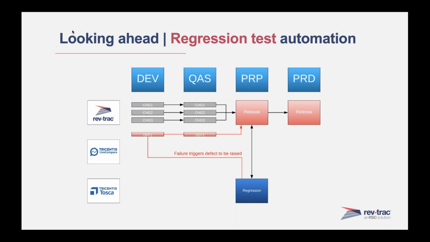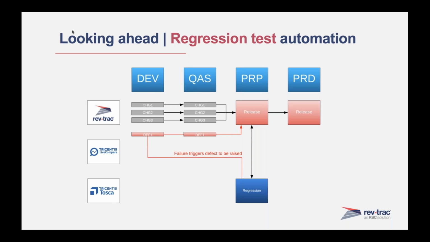So in the same way as you have multiple transports in a single Rev-Trac request, you would then have multiple Rev-Trac requests in a single release, and the release then deploys as a group of changes. Now, that release can consist of multiple applications.